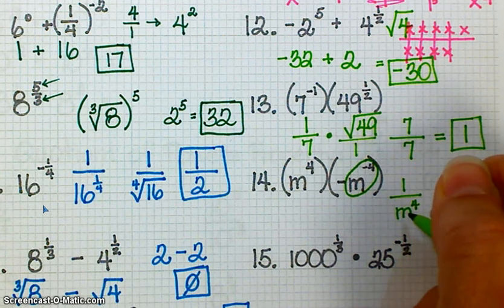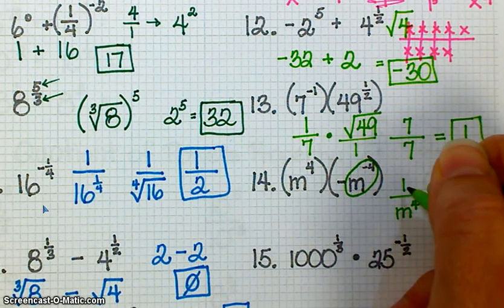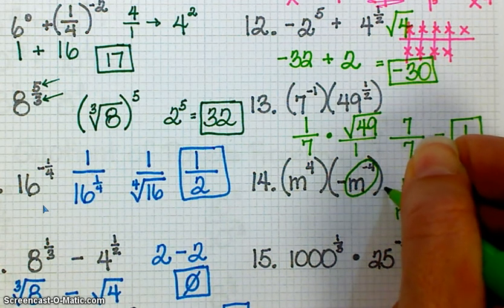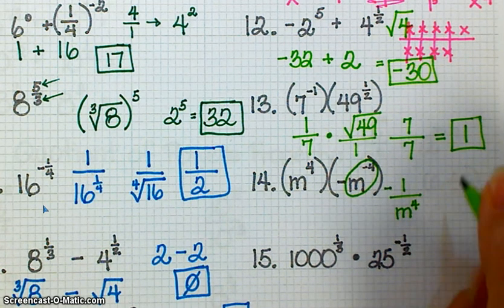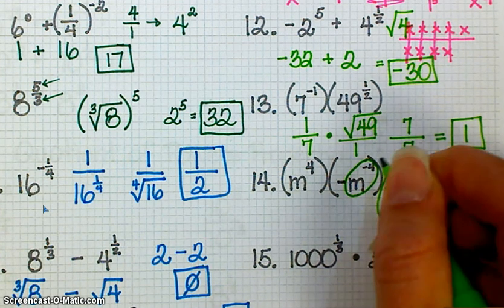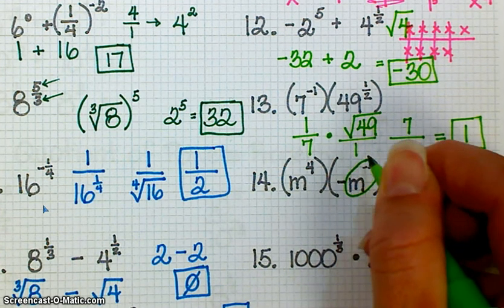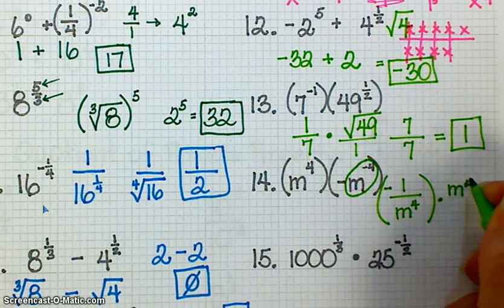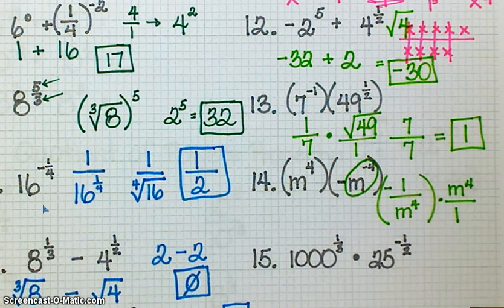M times m times m times m is always going to be positive. 1 times 1 times 1 times 1 is always positive, but I'm asking for the negative of all of that after it's all done. So all of this right here is me evaluating this part, and then multiplied by m to the 4th, which is this first part. I'll make it look like a fraction.